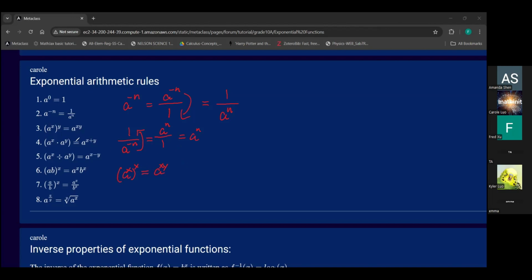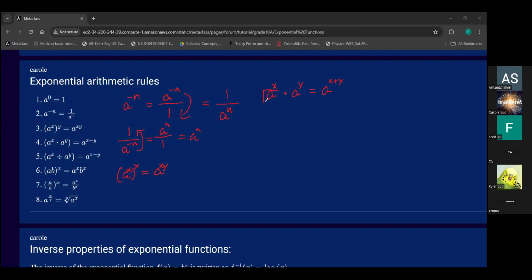And then for the next part, this is multiplication of two exponents. So a to the power of x times a to the power of y is equal to a to the power of x plus y. And this only works if the two bases are the same.